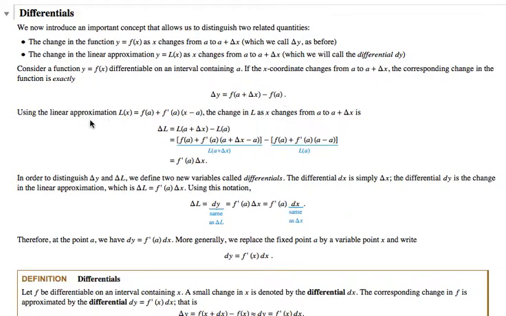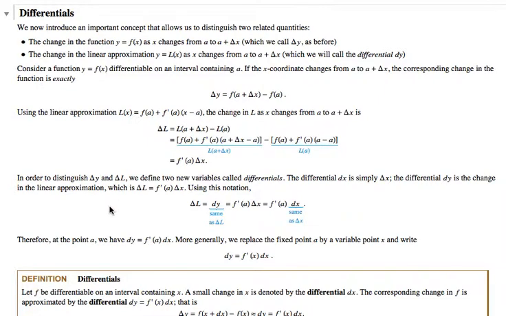But if we use the linear approximation, the change in L as x changes from a to a plus delta x is going to be delta L, which is going to be L of a plus delta x minus L of a. And so here we've broken it down to L of a plus delta x and L of a. And so we have f prime of a times delta x.